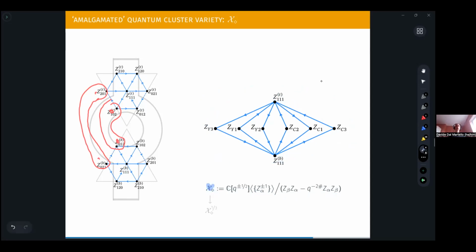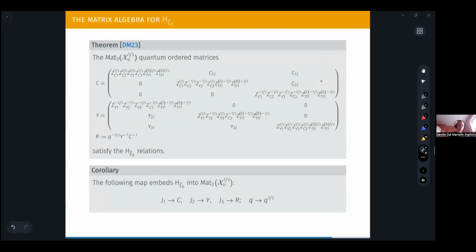And now that I have worked out the algebra, I have everything I need to run computations and test whether my matrices satisfy any relation at all. The answer, obviously, is that they do. And so maybe finally you can see this C, Y, R is a bit too complicated, but at least you can see the shape of C and Y. They are now 3x3 matrices that live on this quantum cluster variety encoded by the quiver of the diamond.